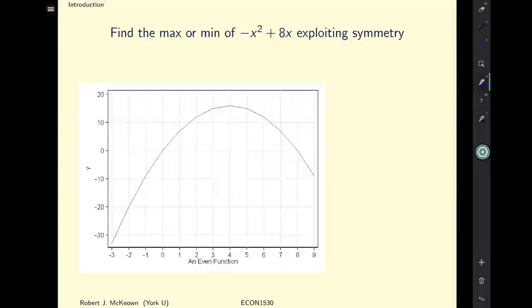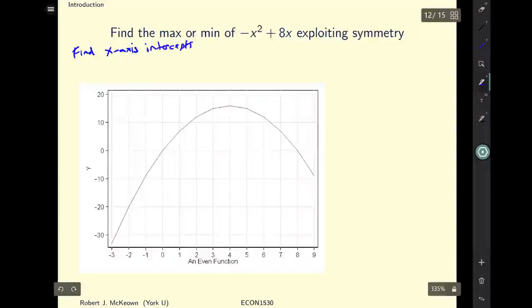There are a few ways that I could go about answering this question, so I want to find the max or min, and I want to exploit symmetry. One thing I could do is find the x-axis intercepts. And to do that, I'm going to set y equal to 0.